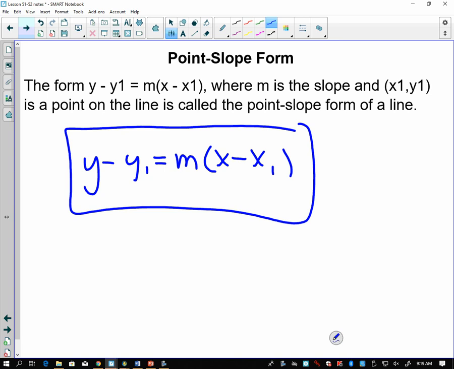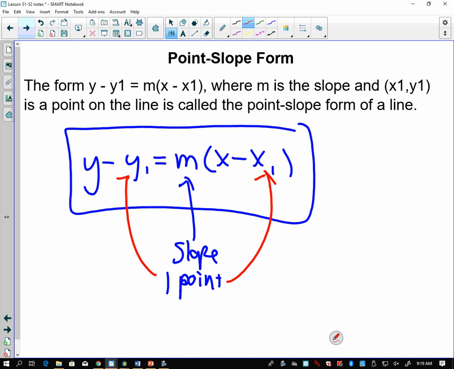Point-slope form. This is whenever I know the slope and 1 point. Okay, and that's going to show up here and there, where we know the x and the y coordinate.